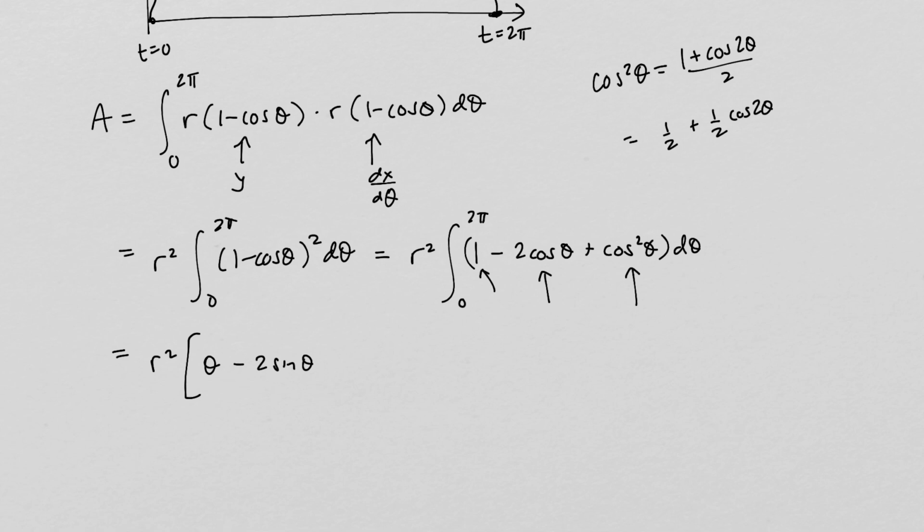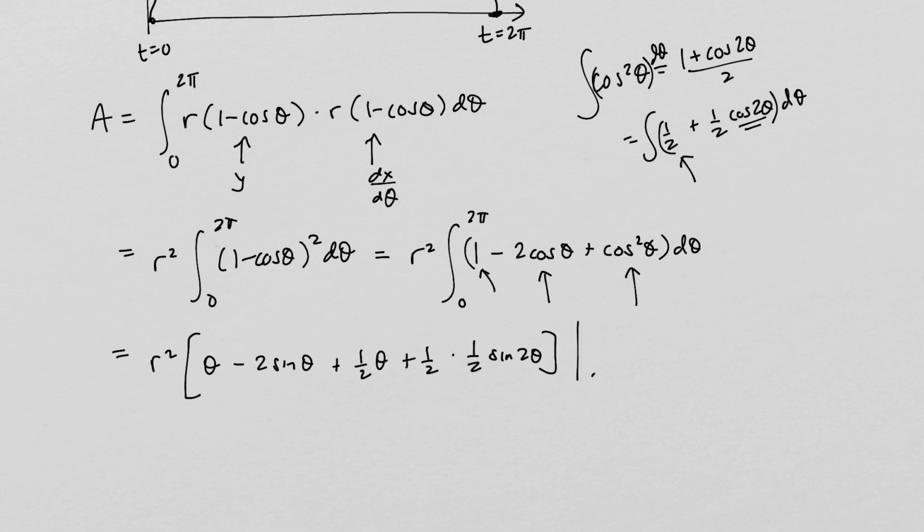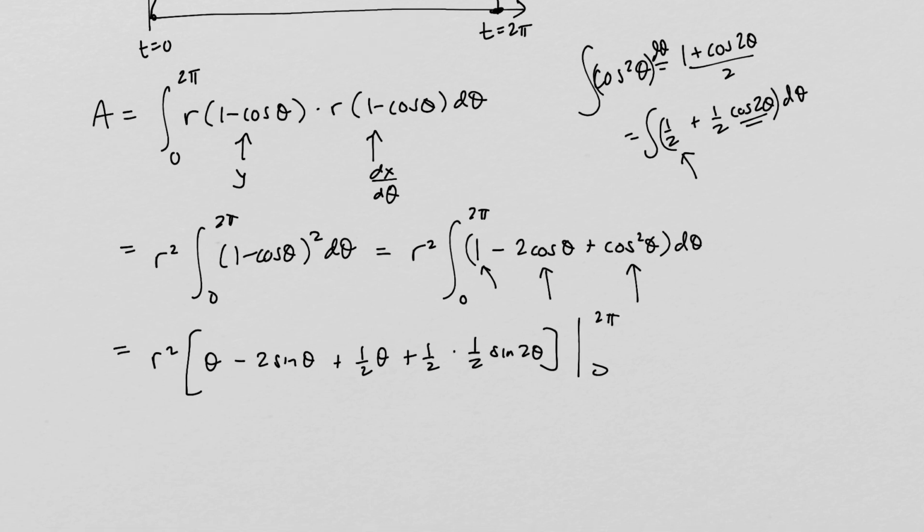So when we take the integral of cosine squared, we are just taking the integral of this. And so the integral of 1/2 is going to be 1/2 theta plus 1/2, and then what is the integral of cosine of 2 theta? It is 1/2 sine of 2 theta. And this goes from 0 to 2 pi.